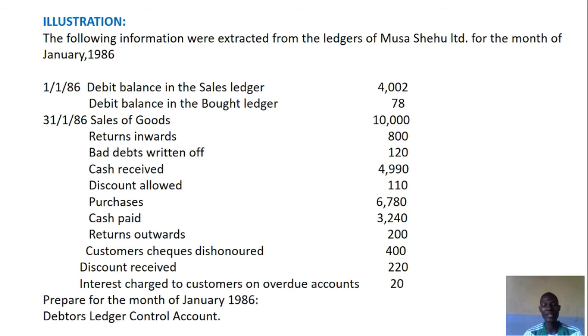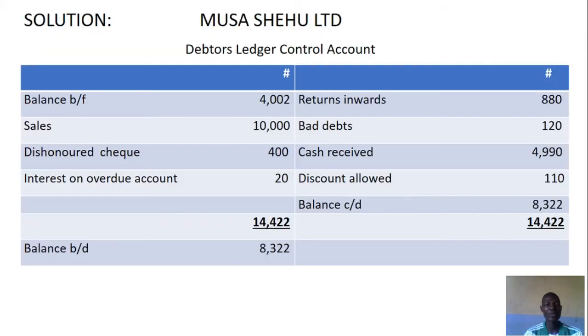Then the next item will be debtors ledger control account. Then we move straight to business. The first thing at the debit side will be our opening debtors or debtors balance brought forward. And from the question, the figure is 4,002.